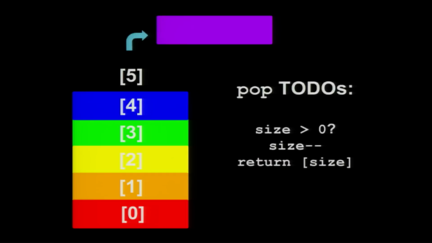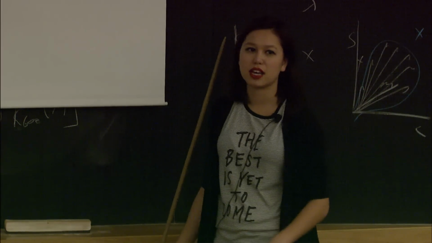So we want to check to see if our size is greater than 0, okay? And if it is, then we want to decrease our size by 1 and return that. Why? In the first one, when we were pushing, we pushed it onto size and then updated size. In this case, we're decrementing size and then taking it off, plucking it from our array. Why might we do that?